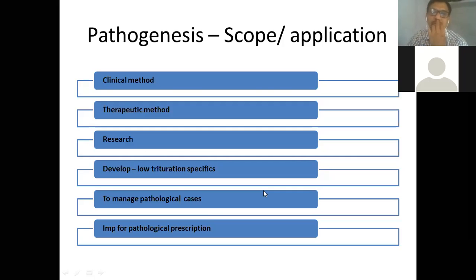So this is the application or scope of this knowledge of materia medica, given under the terminology pathogenesis. To conclude, I will say one must study the pathogenesis. It is less important in some respects, however, it has its application in pathological prescription and in pathological cases, and that is the reason why in the initial lectures on different ways of studying homeopathic materia medica, I mentioned that all these ways are important.